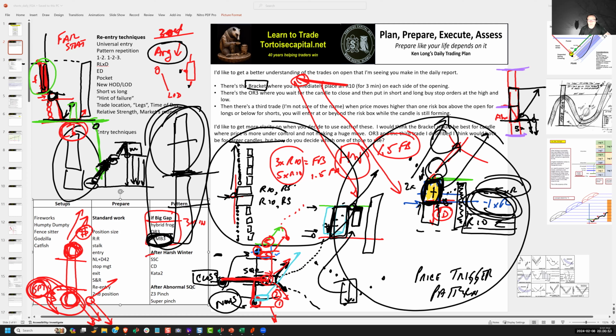Now, when I get that harsh winter, let's say for whatever reason I couldn't get any gap trades, and the opening 30 minutes is over. Now what I'm looking for is all the ones that are harsh winter so that I can play this.